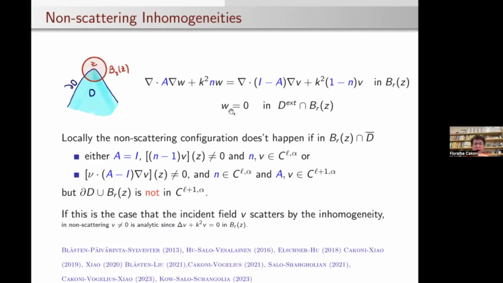So generally, we cannot have a non-scattering configuration hold. So it's a sequence of papers in this business.